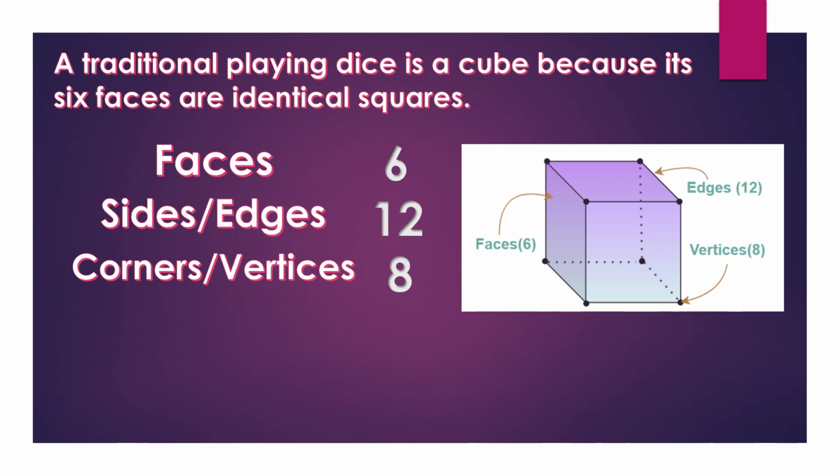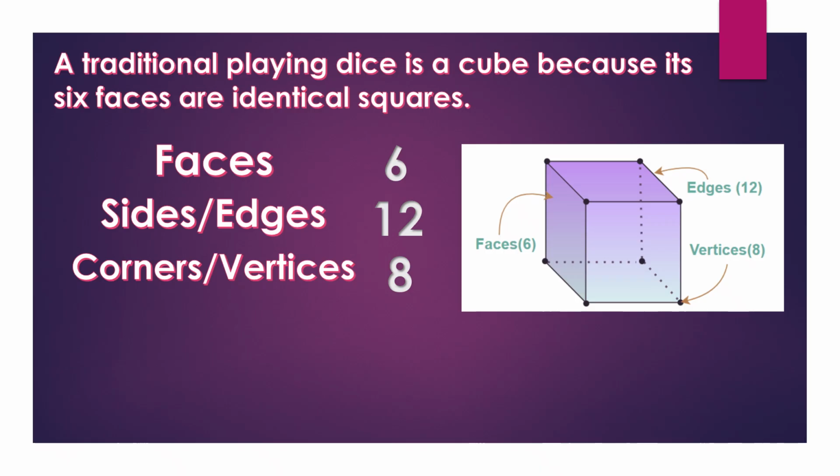From 1 to 6. You have played Ludo, right? While playing Snakes and Ladders, you make use of a dice, correct? On that dice, you have seen numbers from 1 to 6. The minimum number there is 1, the maximum number there is 6.